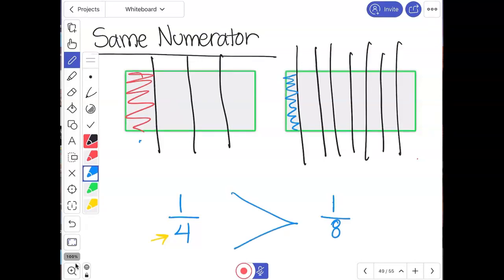So again, I looked at the denominators, and the piece that had the smaller denominator was actually the larger fraction.